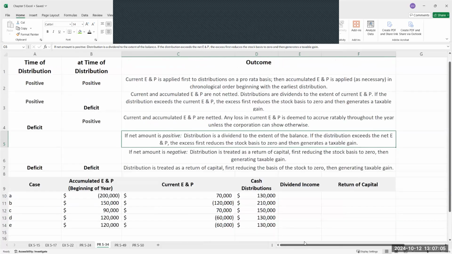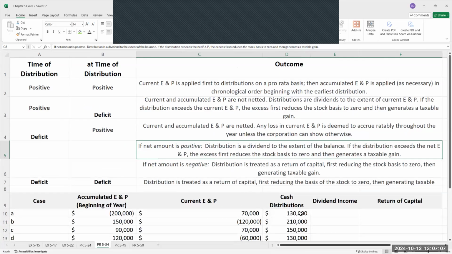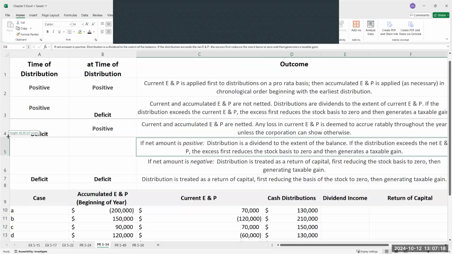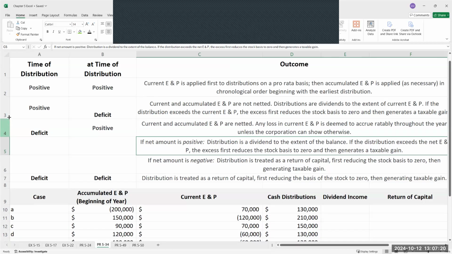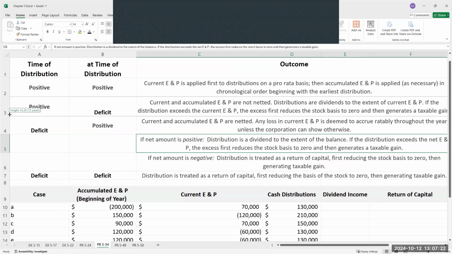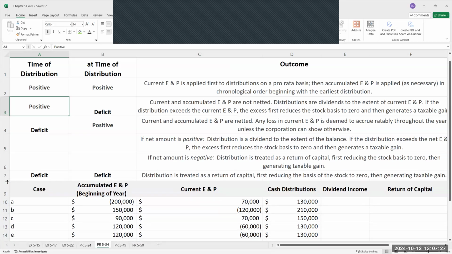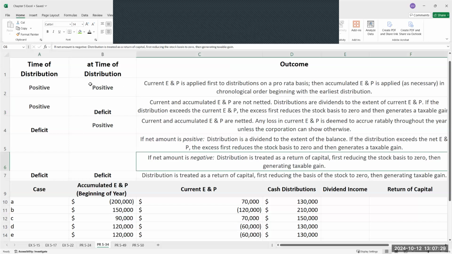So we know that there are specific rules as it relates to the distribution and how much is treated as dividends, etc. Okay, perfect. We can see everything. Great.